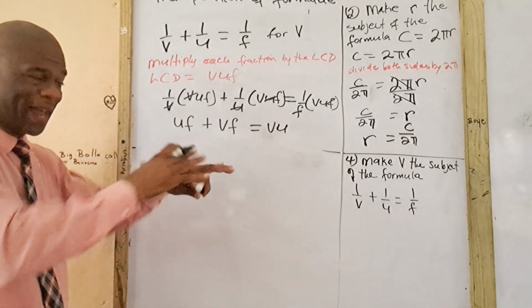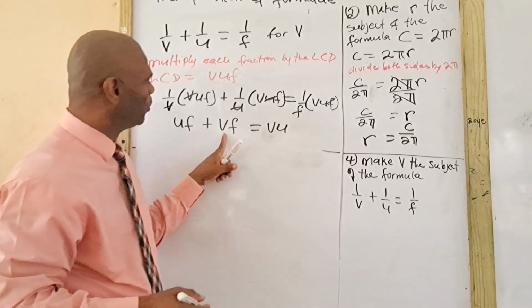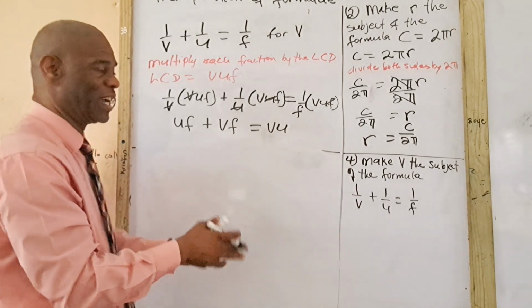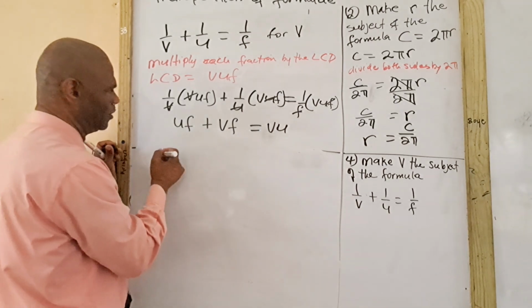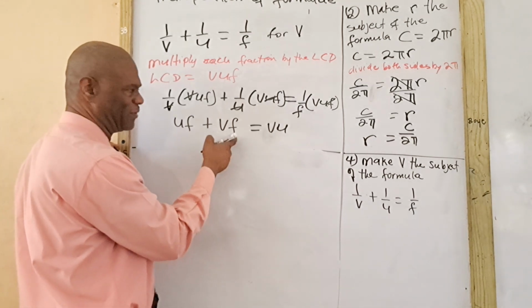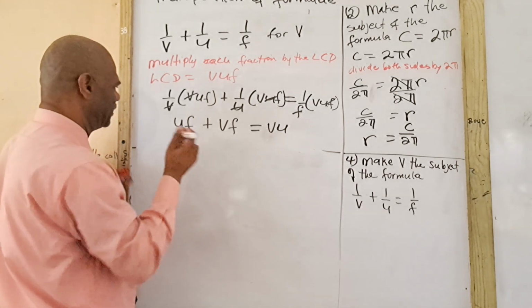Now we need to group like terms. Because we want to make V the subject, we're going to put the V's together. So let's group like terms. I'm going to subtract VF from both sides.